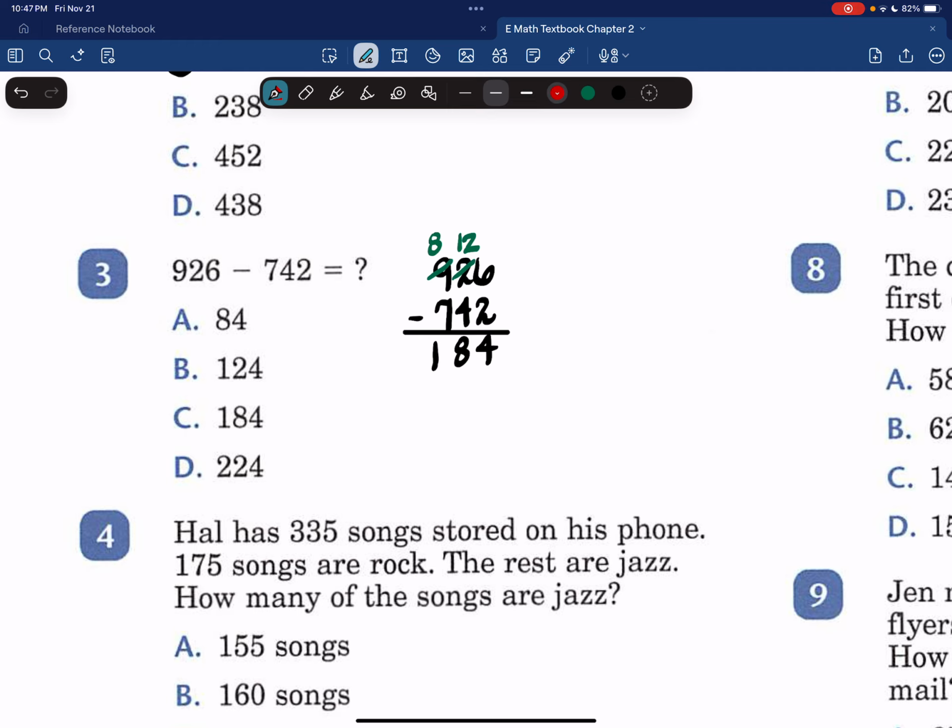I'm going to check. 184 plus 742, that's 6, 12, 9. So my answer, 184, was the correct answer.